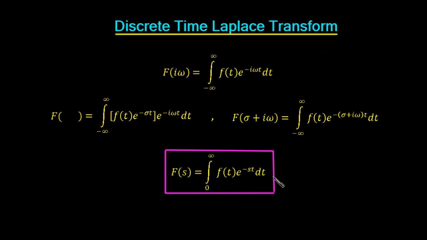So we'll quickly go through and think about this in terms of a graphical representation, and once we've done the graphical representation of the Laplace transform, we'll extend that graphical representation to the discrete time Laplace transform.